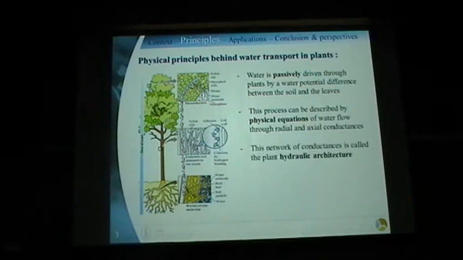And when we take all of these conductances all together in the network of the plant, we obtain what we call the plant hydraulic architecture. And this concept is really at the center of the approach that we developed here.